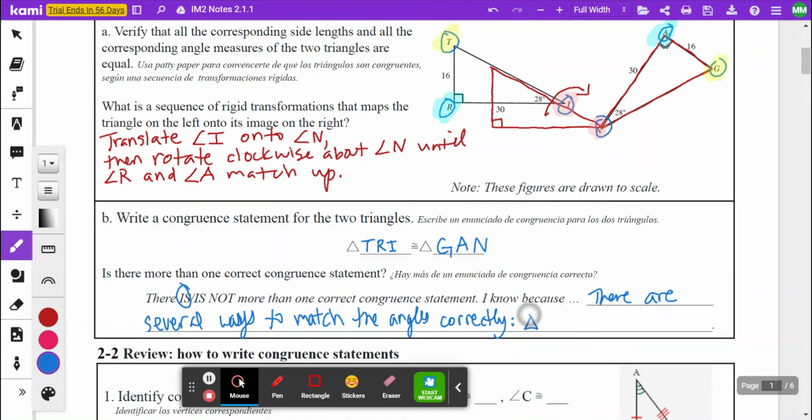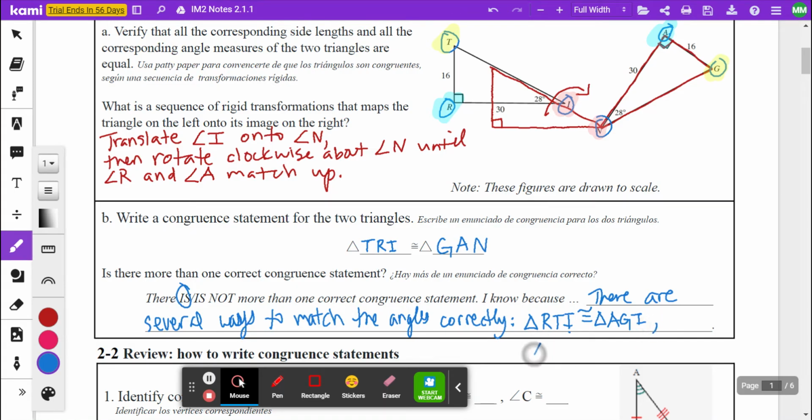I could do triangle RTI congruent to triangle, and I'd have to use A next because R was first. Triangle A. T matches up with G, so I'd have to write G next. I matches up with N, so I'd have to write N next.